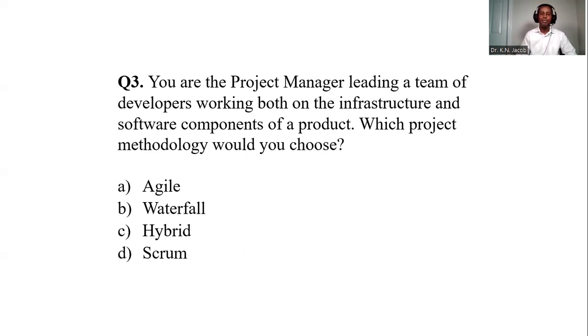All right, I give you some 10 seconds. Give it a shot. All right, the correct answer is hybrid. That's what we said. You have 2 aspects here, the hardware and the software, the infrastructure and the software. So the infrastructure requires the predictive, the software requires the agile. When you're using both, we call it hybrid.